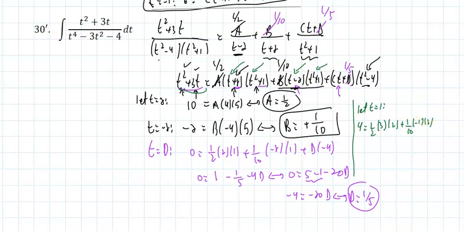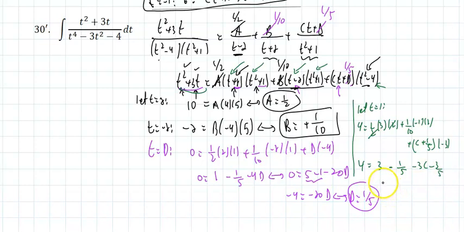And for the last piece, I'll get c times 1 plus 1/5, and a 1 in there will get me a -3. So 4 equals 3 minus 1/5 minus 3c minus 3/5, right?